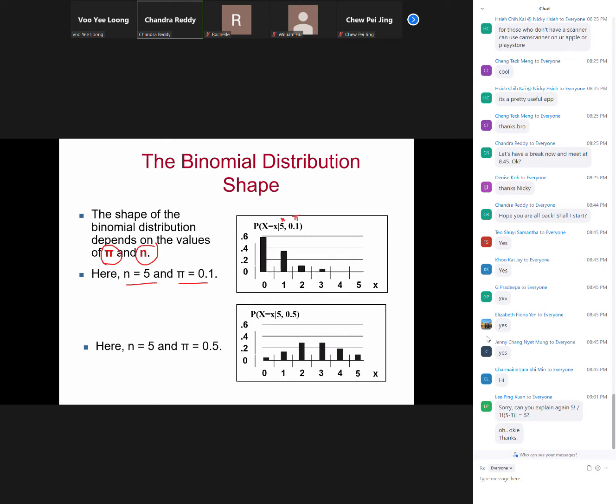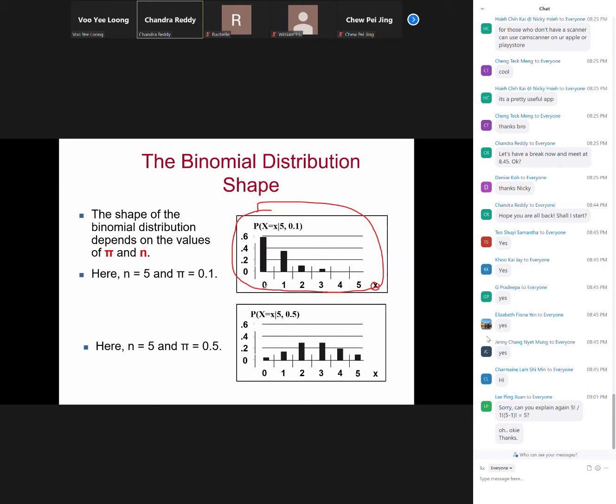When the sample size is 5 and the probability is 0.1, the binomial distribution shape can be something like this. We are dealing with a discrete variable, so you don't get a continuous curve. What you have are probabilities as discrete numbers with gaps. X is not continuous: 0, 1, 2, 3, 4, 5.